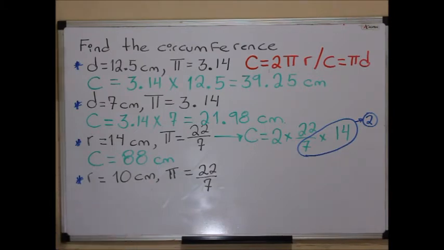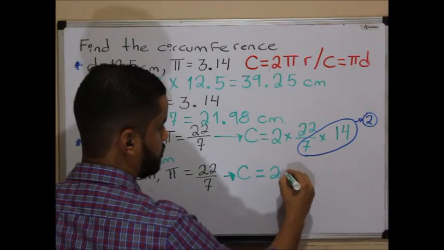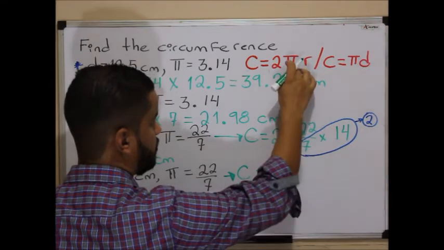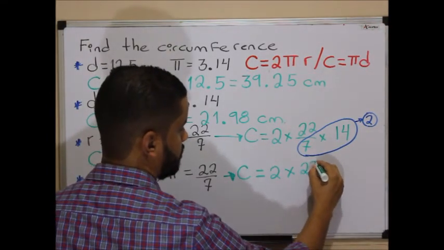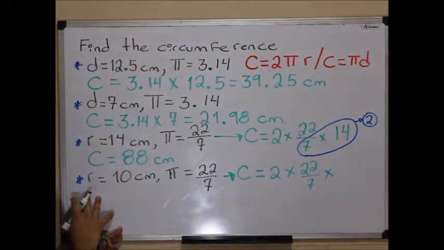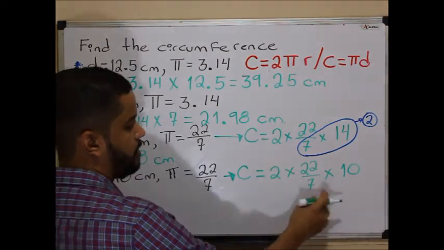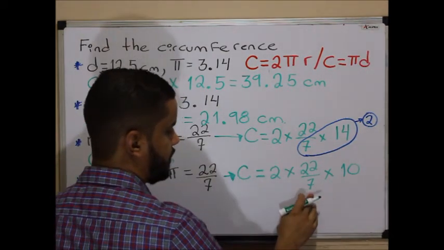Now we're going to solve the last one. We're having there a 10, so this will be circumference equal 2 times the value of pi, that will be 22/7 times our radius, that here is 10. Now, can we divide 10 by 7?